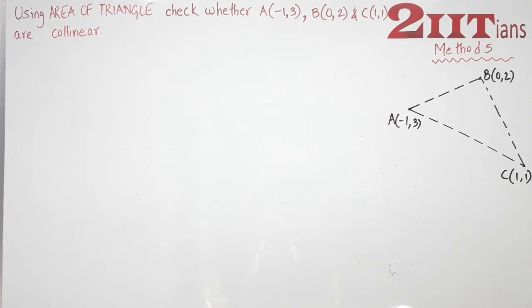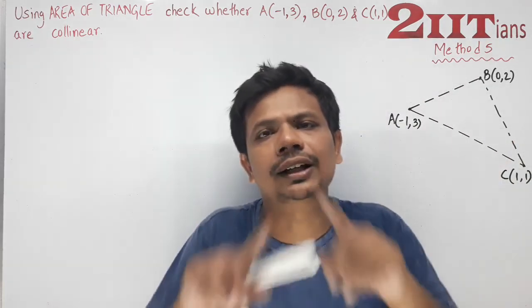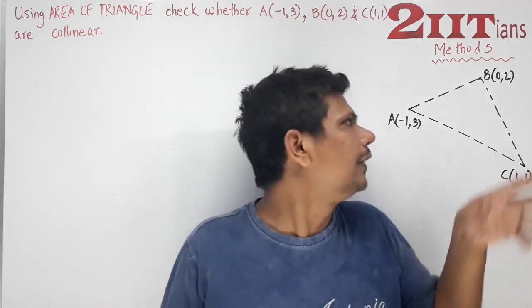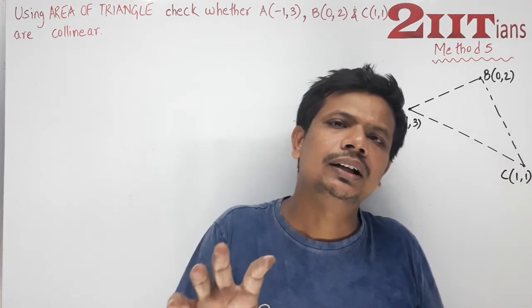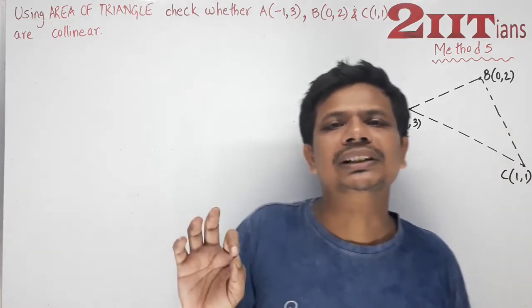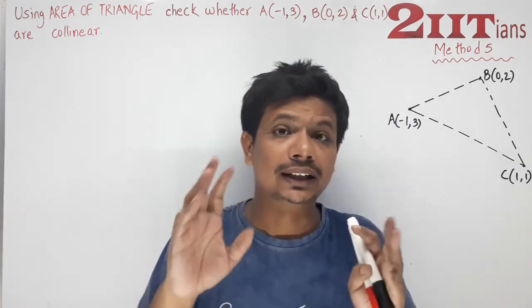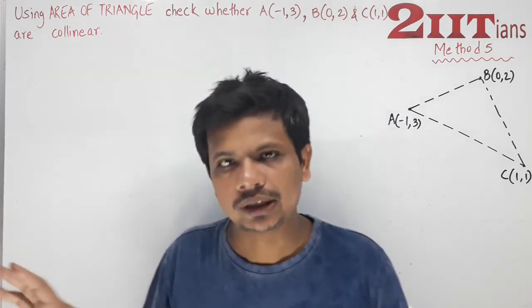Using area of triangle, check whether these 3 points are collinear or not. First of all, we will assume that these 3 points are not collinear and they form a triangle, and we will try to find out the area of the triangle. If the area of the triangle is something positive, then the triangle does exist and the 3 points are not collinear.